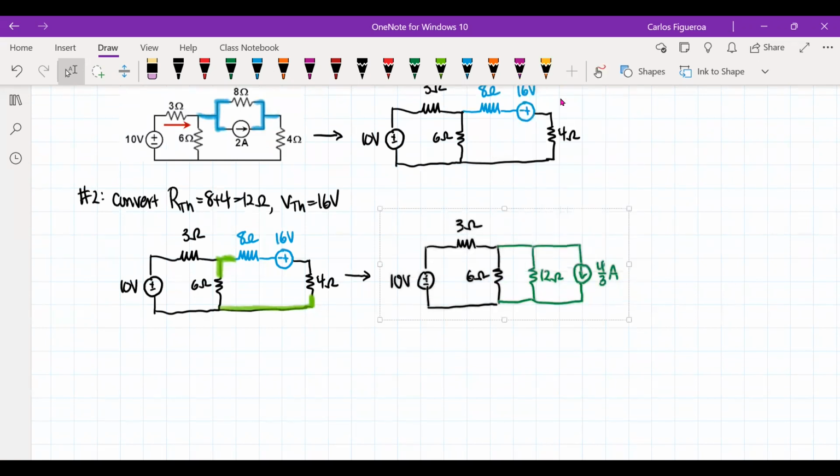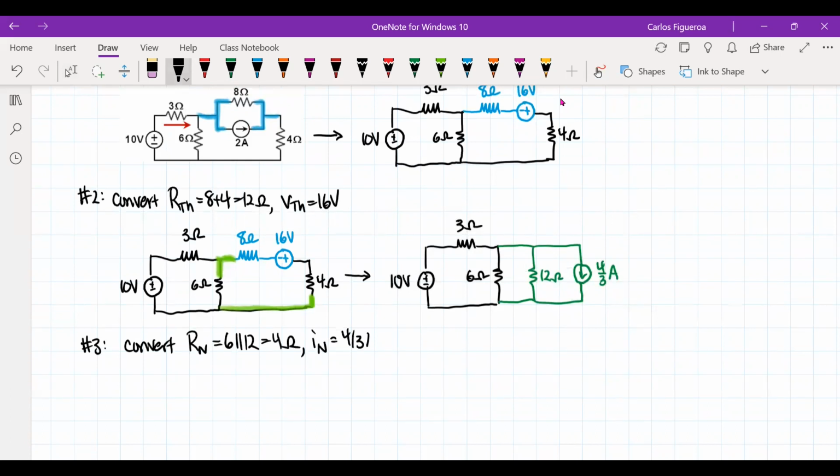And I'm going to look at my third conversion. I'm going to convert my Rn circuit, which in this case is 6 parallel to 12, which gives me a 4 ohm, and my Norton current here, which is 4/3 amps.